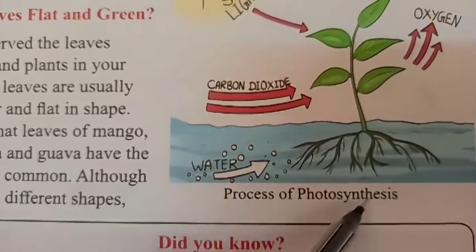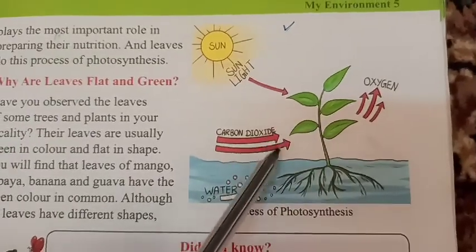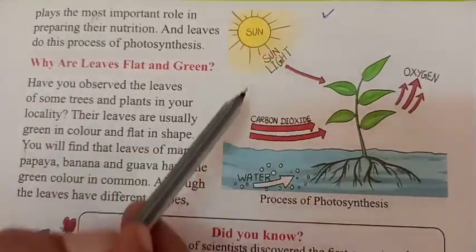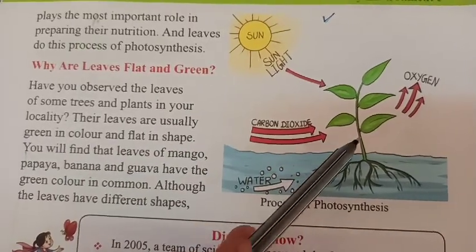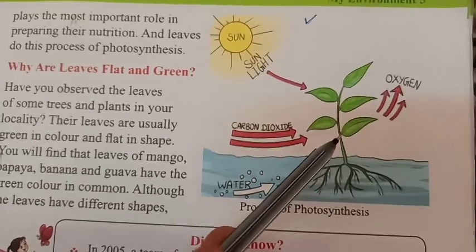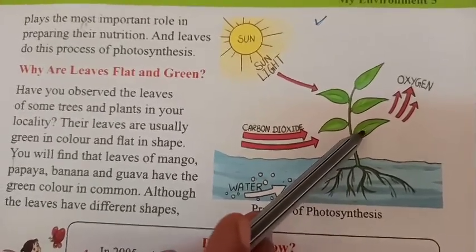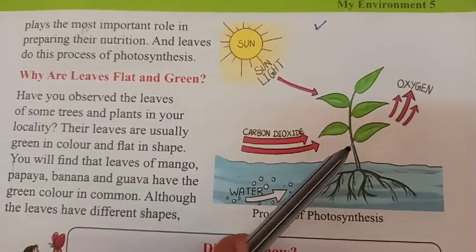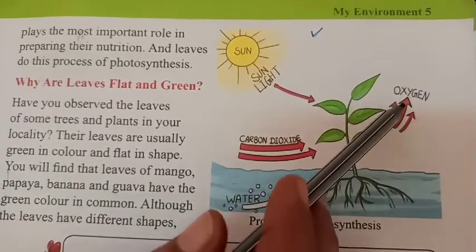Okay, here they have written below the diagram, this is photosynthesis. So this full process which is going on here is called photosynthesis, and in this process only one thing is coming out from the leaf part of the plant. When photosynthesis takes place, plants release oxygen.